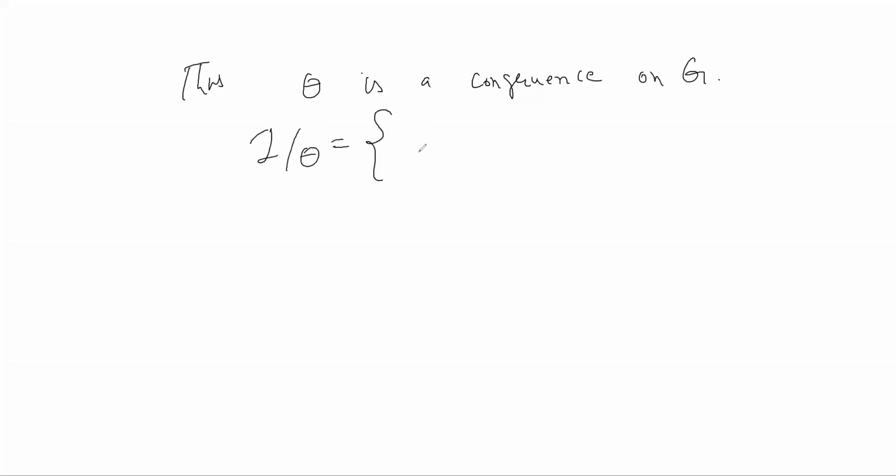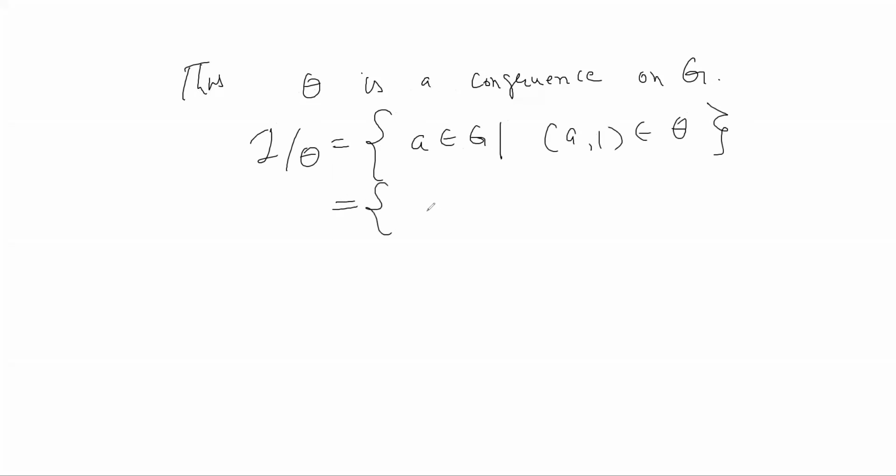So thus this theta is a congruence on G, and the theta class of 1 is actually N itself. So the theta class of 1 by definition is {a in G such that (a, 1) belongs to theta}.